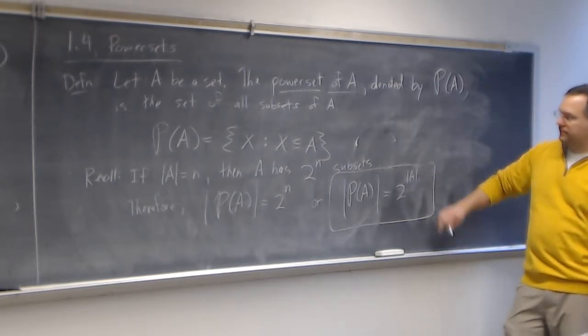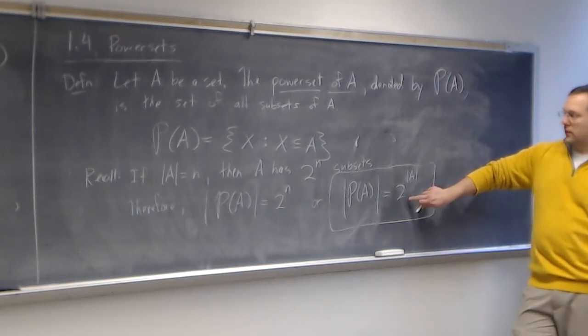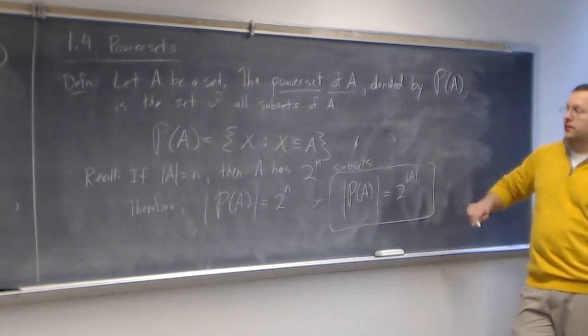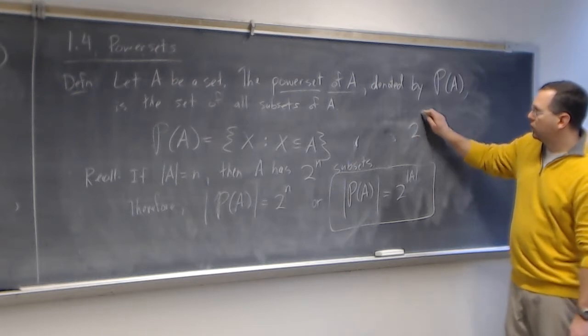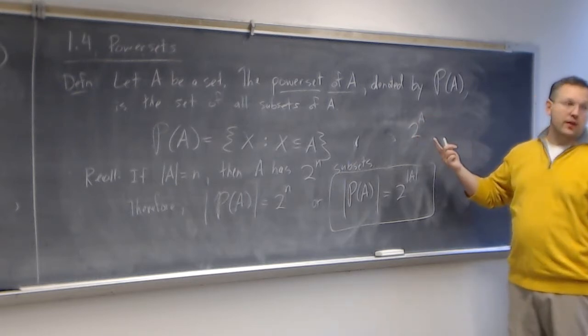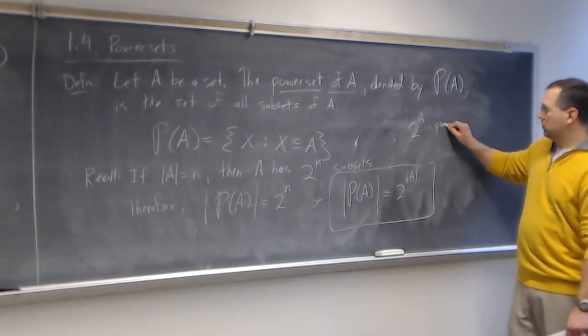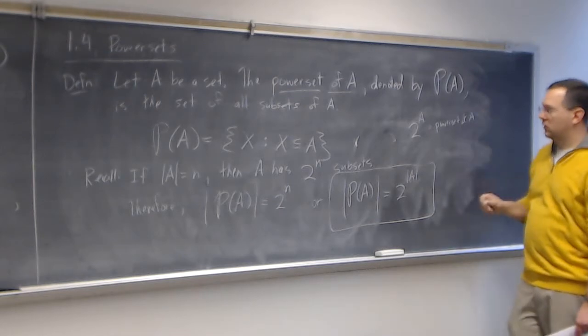Some books, some mathematicians, actually use this idea for the notation for a power set. Some books write 2 to the A as the power set of A. You can see why.